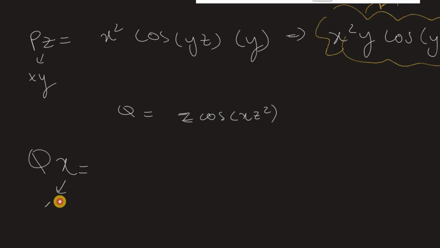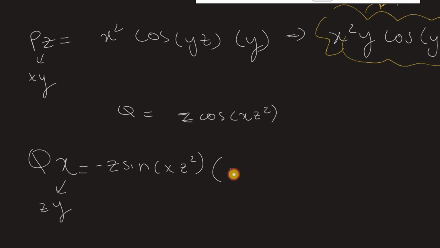So that means z and y are constants. Here we have z squared over here, so that's a constant. It's going to stay over there. The derivative of cosine is negative sine, like I explained before. And then we need to multiply by the derivative of our inside function.